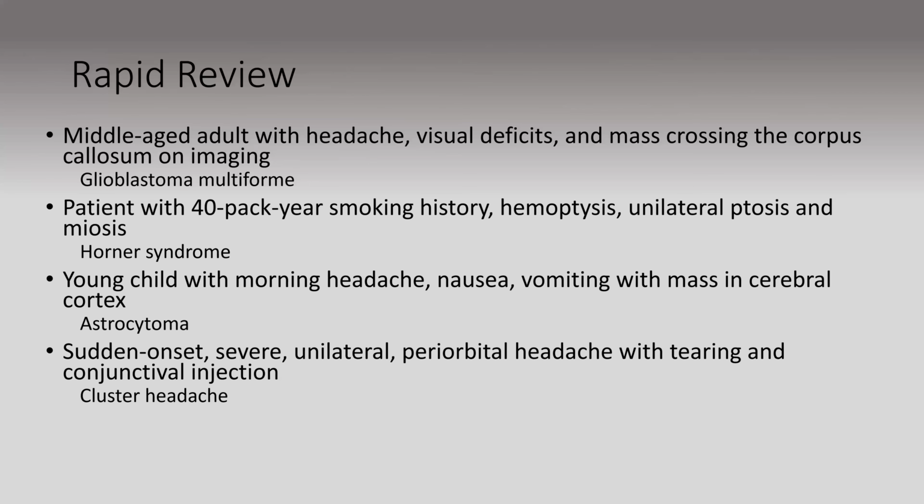So keep in mind that these syndromes can overlap, but also keep in mind that the demographics are going to vary quite a bit. If you're confused and they put both of these, look for a history of a risk factor. A lung cancer patient presenting with these symptoms, I would think Horner syndrome. A young patient with a classic headache history, think of cluster headaches. But be a little suspicious if there's new onset cluster headaches in somebody who's in their 50s or 60s. They may be trying to tell you that something else is going on with the sympathetics to the eye.